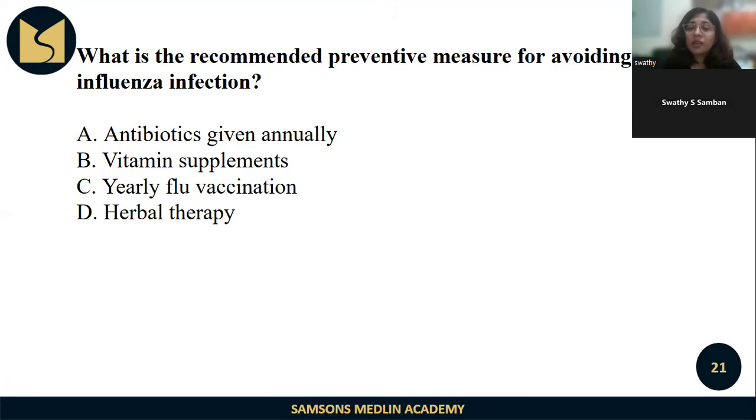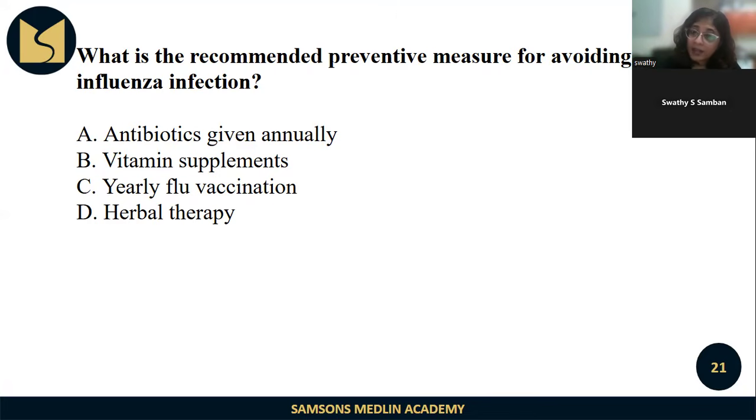In this, you might get confused. I'm just clarifying that usually we take vaccines once, or there will be a scheduled vaccination schedule of three doses. And like in the COVID pandemic, we had one dose and the booster dose. You might think yearly flu vaccinations. Yes, even though it's not very popular in India, Western countries have a yearly flu vaccination system.